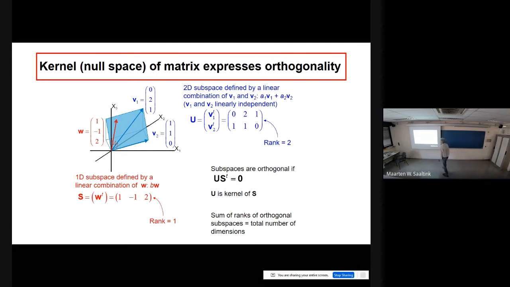I can say these are two vectors: one is 0, 2, 1, and the other is 1, 1, 0. So I got two vectors.